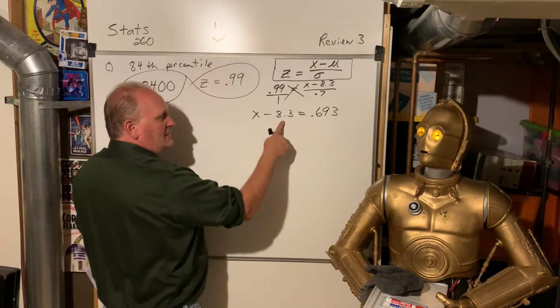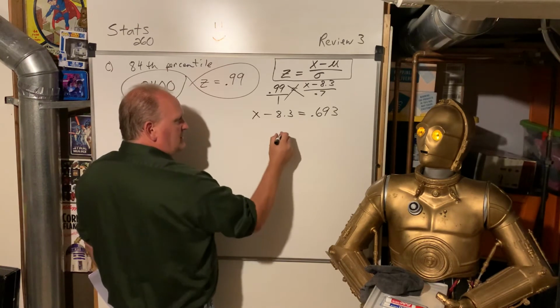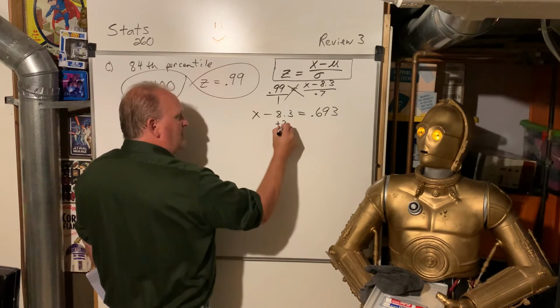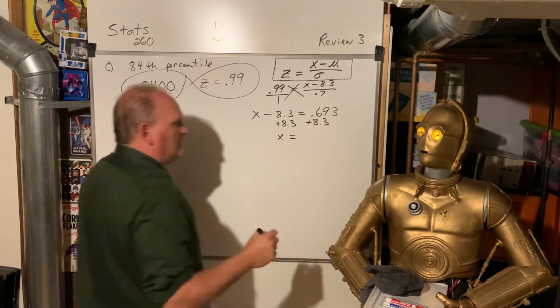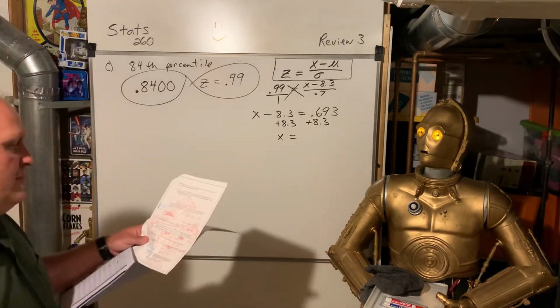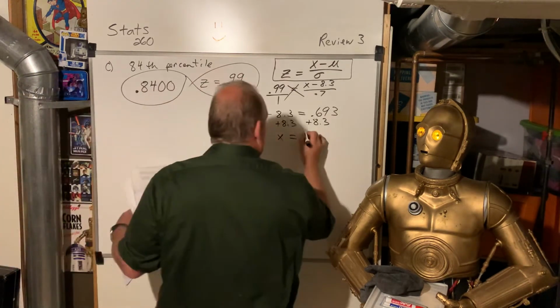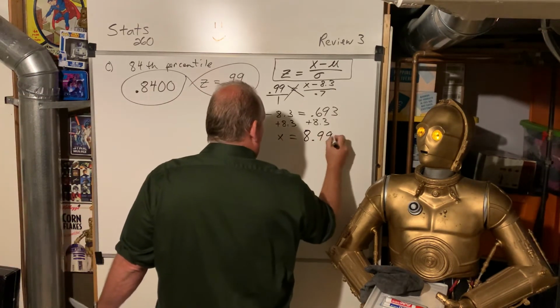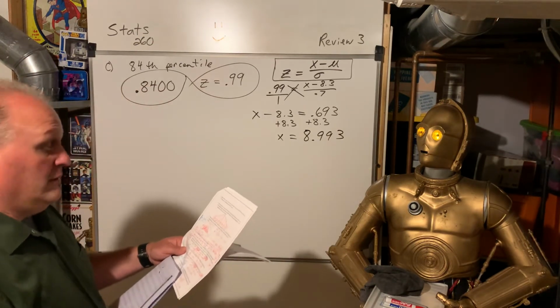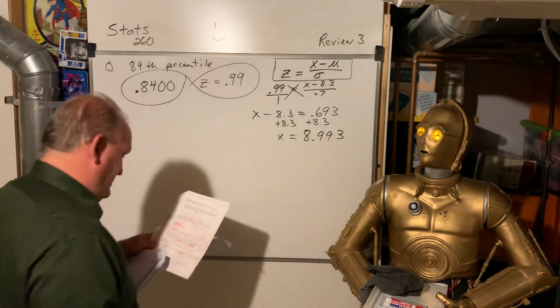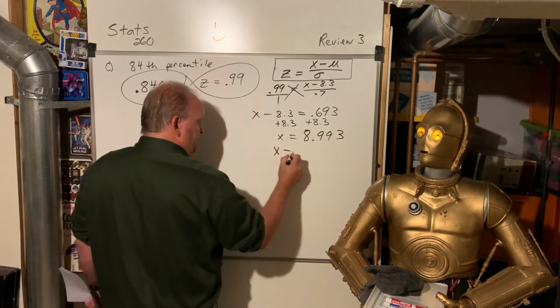That means it's x minus 8.3, but we want just x equals. So we add 8.3 to both sides. And so we end up with 8.993, and then it says round to the nearest year, or it will say round to the nearest year on the test. So 9 years.